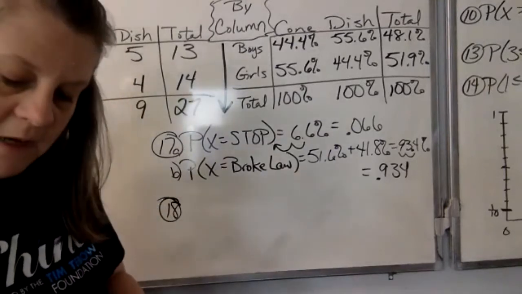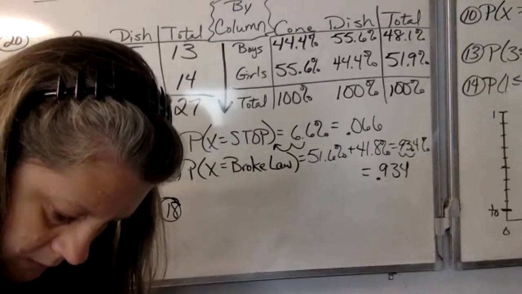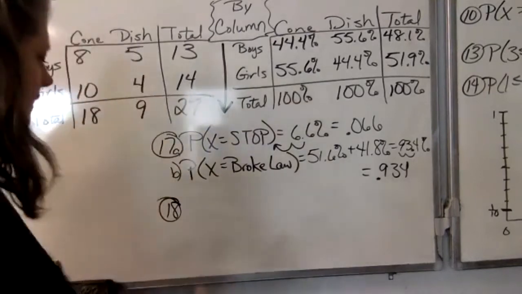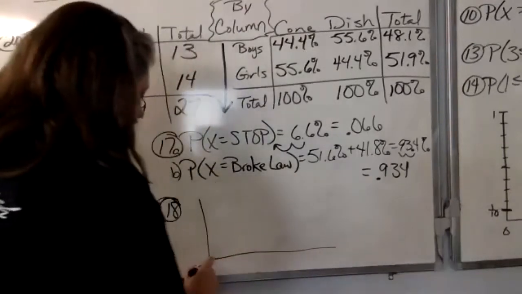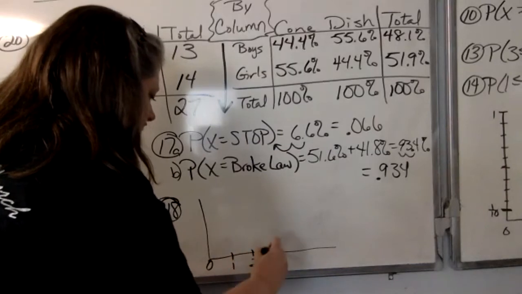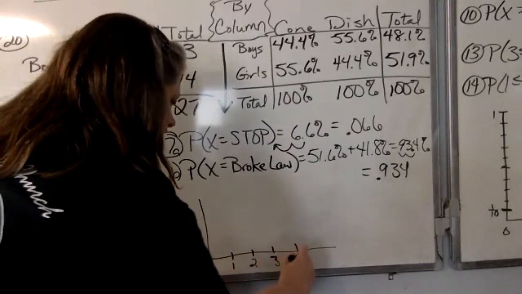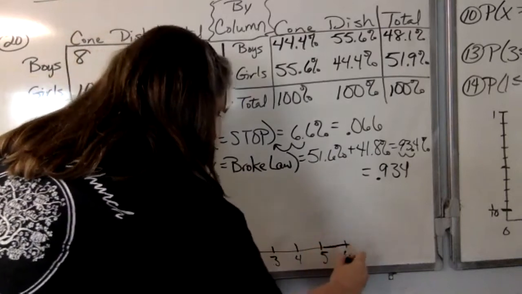This time it goes from 0 to what, 6? Yes. So I have 0, I have 1, I have 2, I have 3, I have 4, I have 5, almost drew it long enough, I have 6.